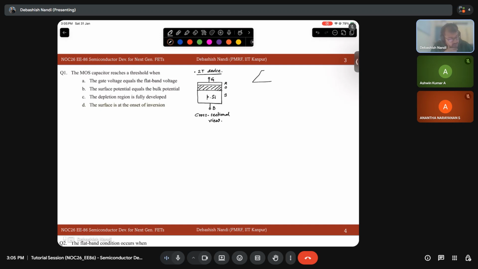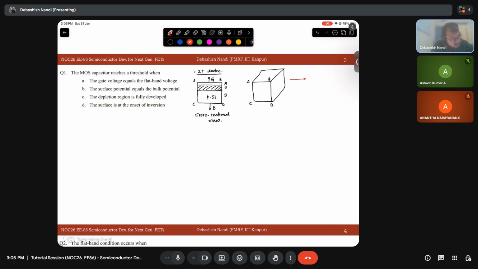It will be something like this, the actual device. What I am looking at is only this rectangle, because from the physics point of view that is where all the physics lies.